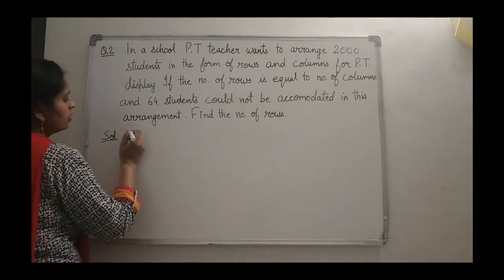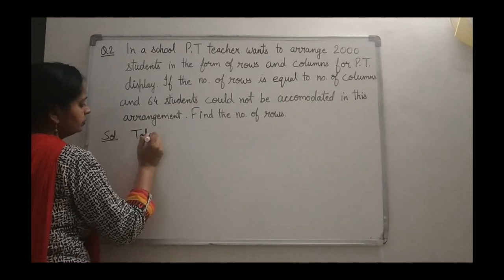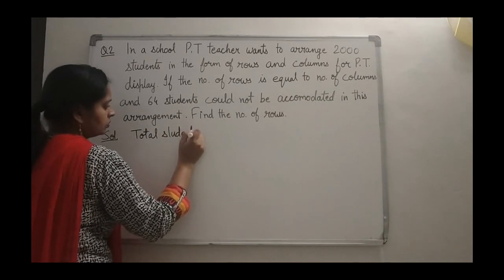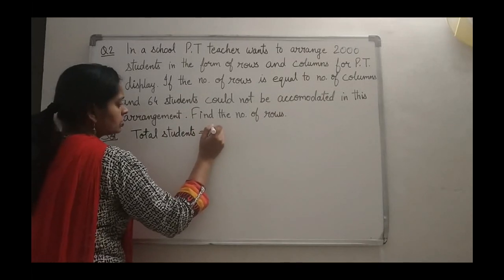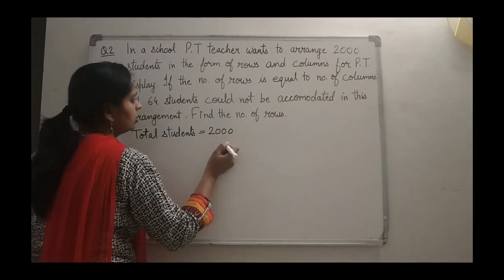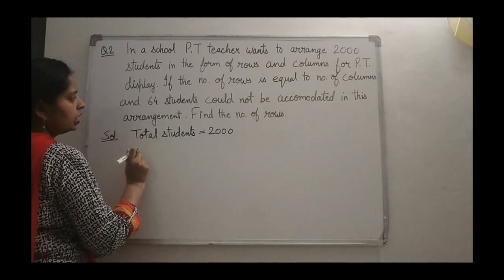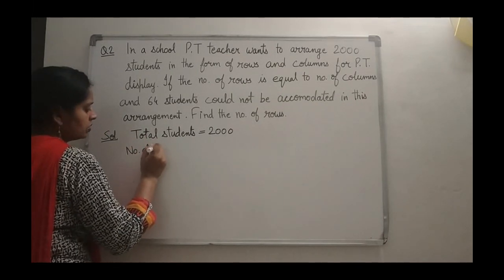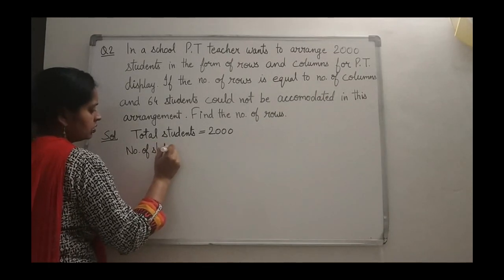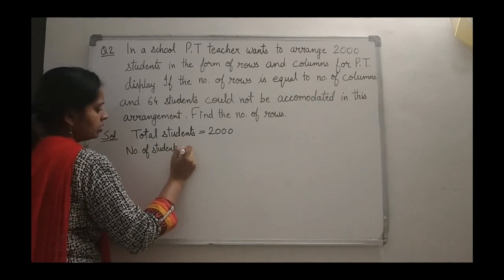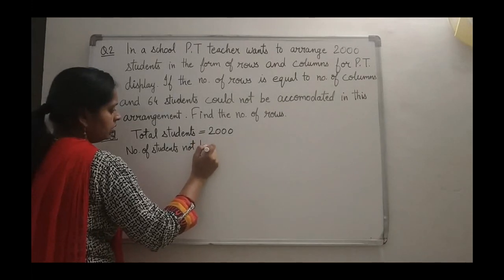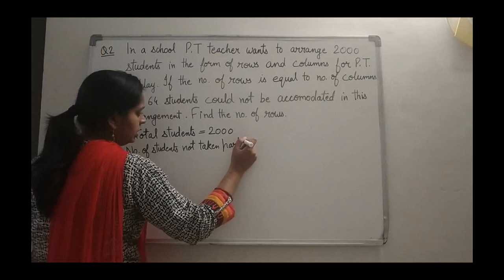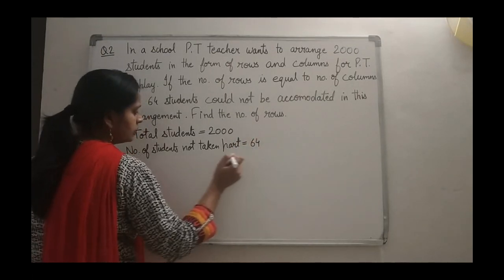So total students we have is equal to how much? 2,000. But 64 students could not take part. So the number of students not taken part in the PT drill is how much? 64.